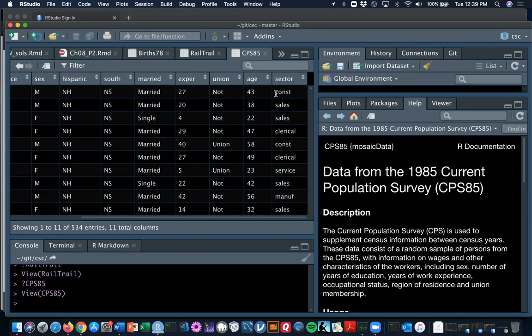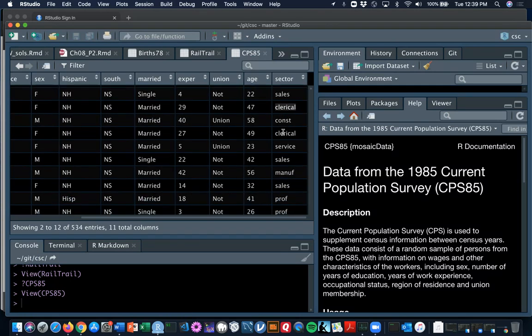And there's 8 possible values. There's construction, there's sales, there's clerical work like administrative assistants, service work like maybe you run the desk at an auto repair place at a car dealership, or maybe you run a laundromat. Other types of service work.